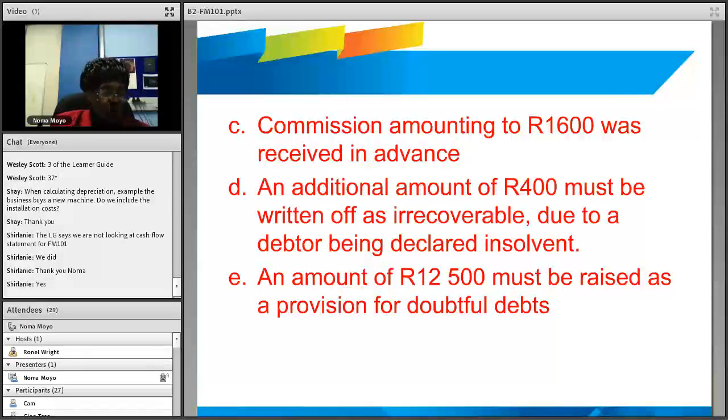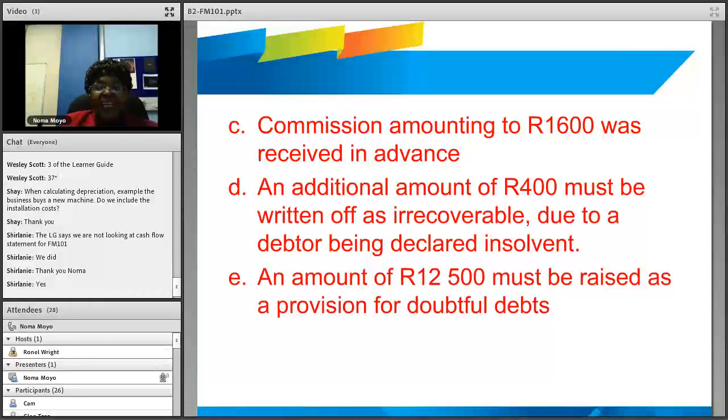So we are going to have 11,200 minus 1,600 because 1,600 does not belong to this year, it belongs to next year. So under other income, our commission is going to be 9,600 if I'm right. I hope you all have your calculators.